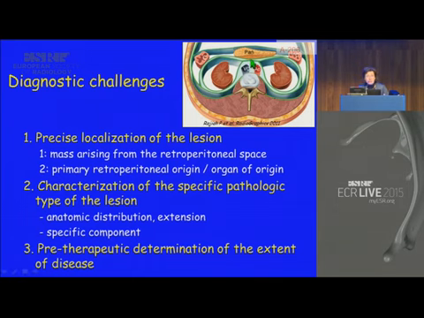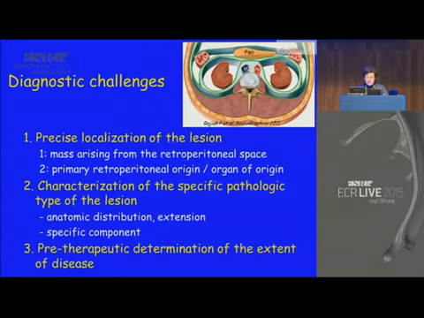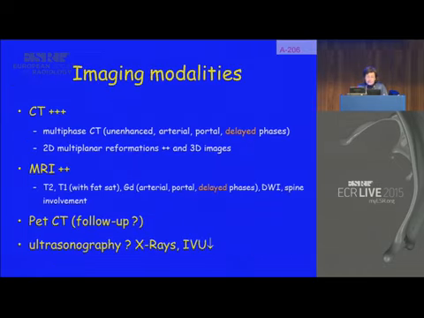In this course, we'll focus on primary retroperitoneal lesions. Diagnostic challenges also include characterization of the specific pathologic type of the lesion by using anatomic and imaging criteria, and third, pre-therapeutic determination of the extent of disease.